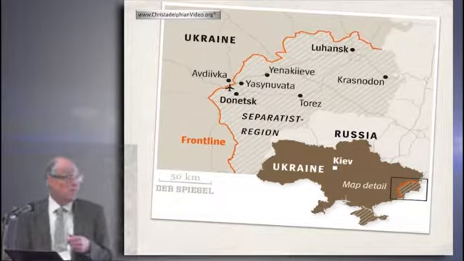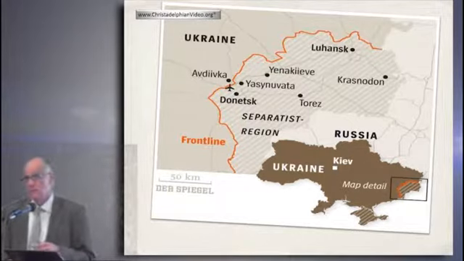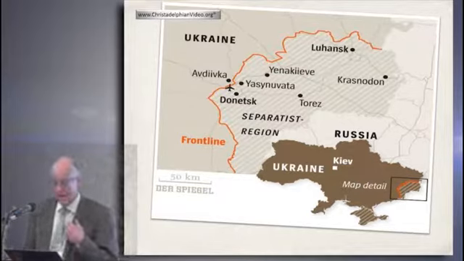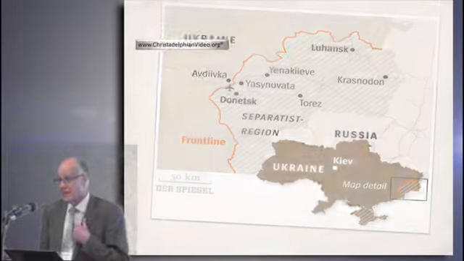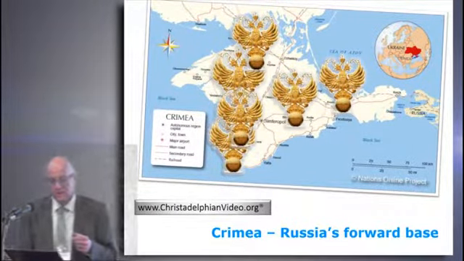We have to remember them in our prayers. But Crimea has been turned into an advanced naval and military aircraft base, bristling with Russian military. A lot of money has been poured into there in the past year or two.